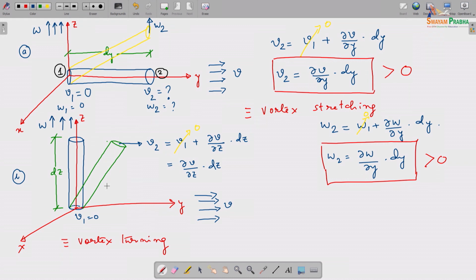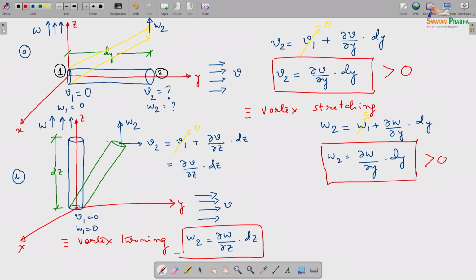So here I will also have a W2, and in this case W1 is 0, del W del Z into dZ.